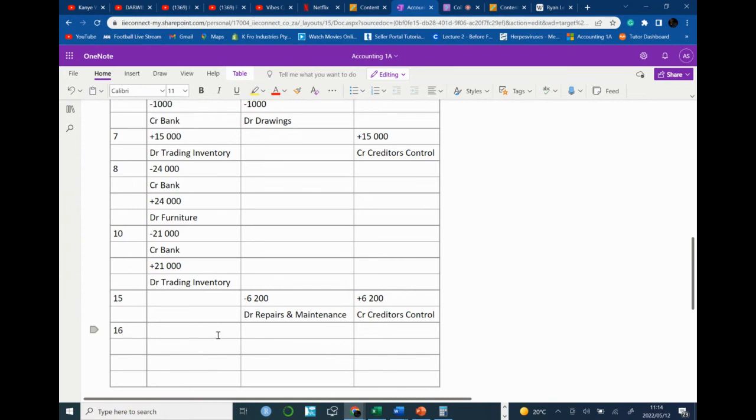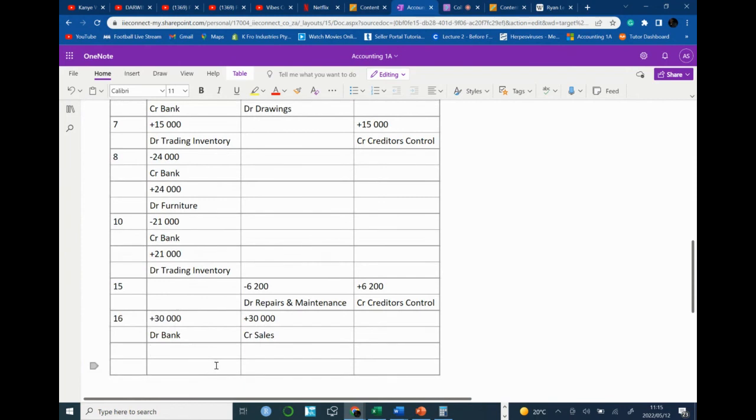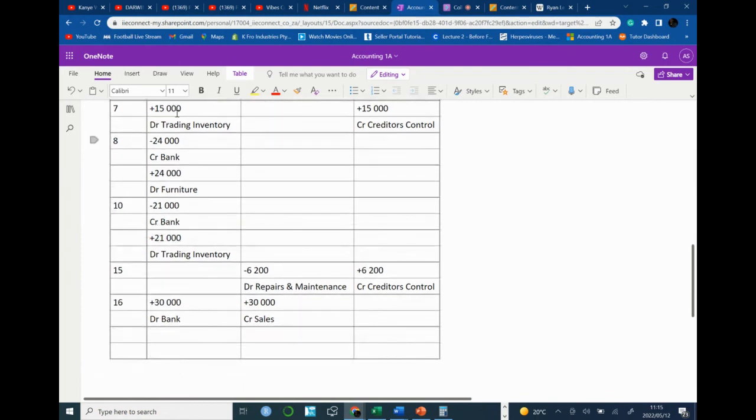Whenever we sell for cash, we're going to debit bank and credit sales, for plus 30,000. Then we know we have to deal with trading inventory and cost of sales.